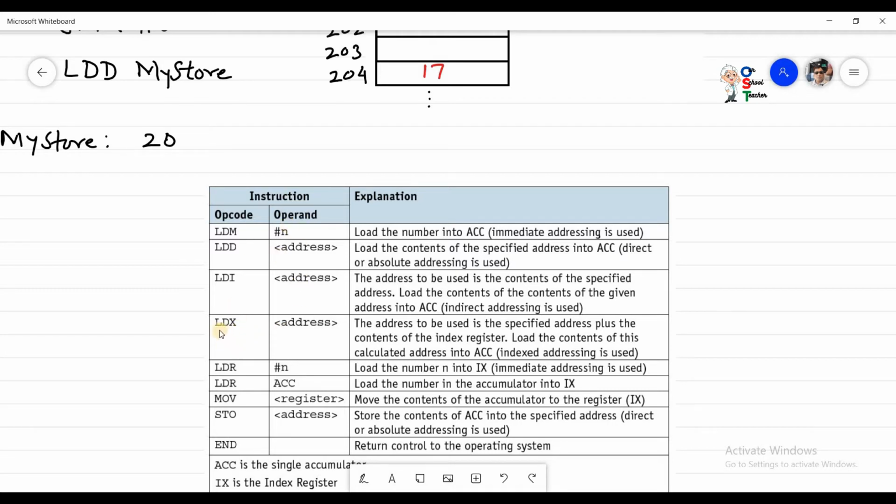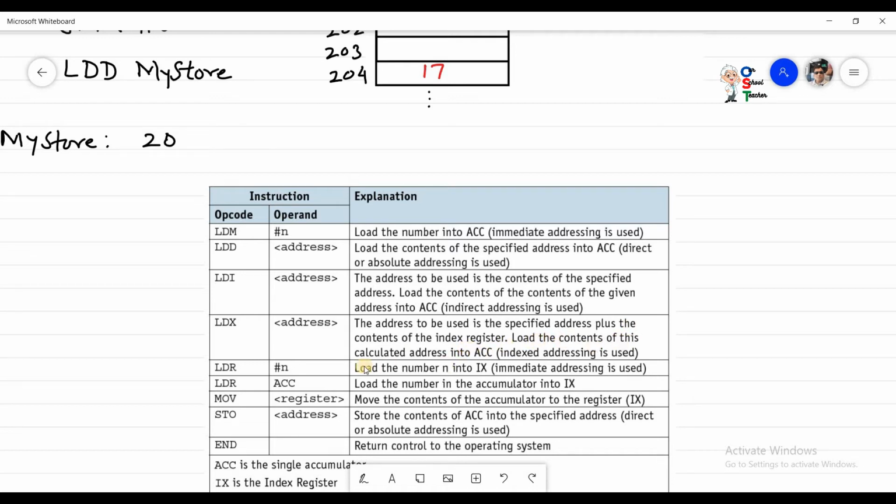First understand this command: LDX is load index register. Index addressing is used here. With this we have to write the address. The address to be used is the specified address plus the content of the index register.